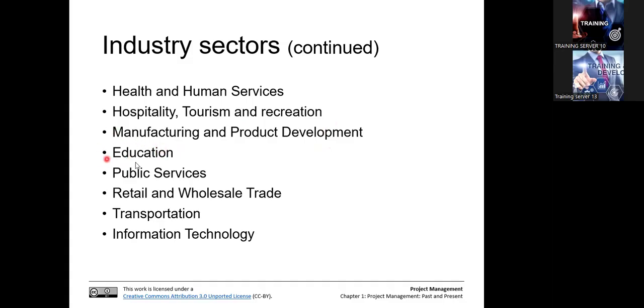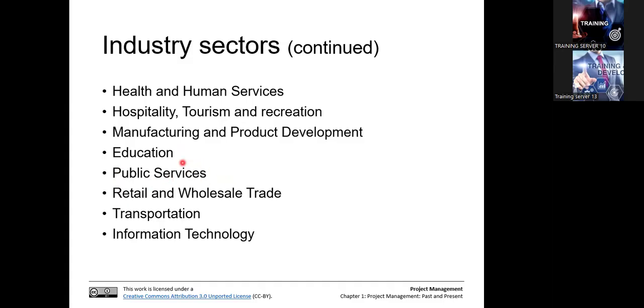Education is also one of the sectors of projects. It contains schools, training centers, universities, lots of things in that field.